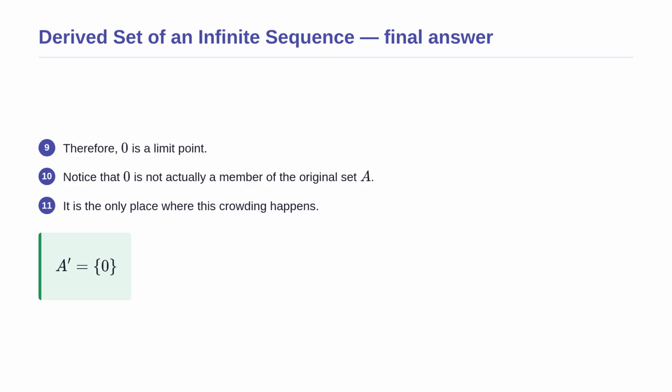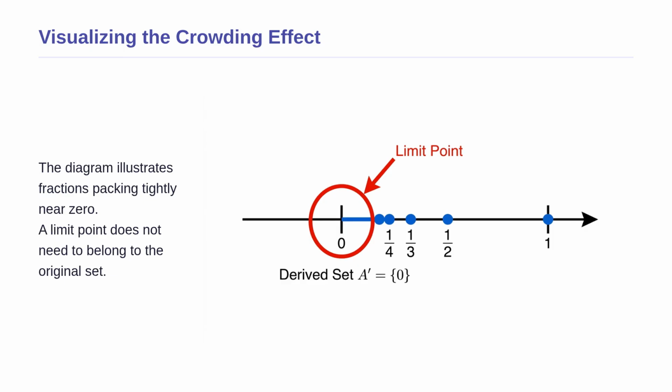But it is still the limit point. The derived set is simply the set containing this single point, 0. Physically, this tells us that if you follow the sequence forever, 0 is the ultimate destination or center of gravity for all these points.